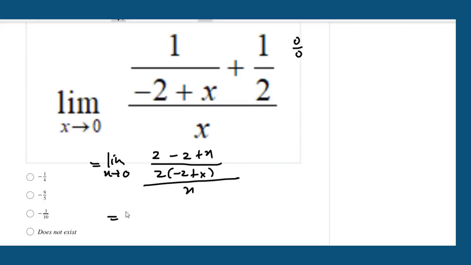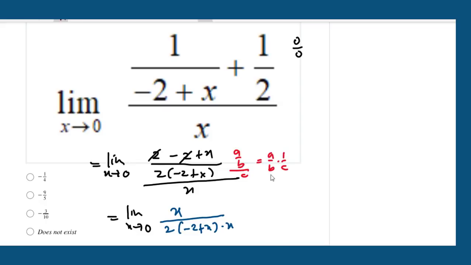Next step, limit as x approaches 0. This will cancel. The answer is x over 2(negative 2 plus x), times 1 over x. I use this concept: A over B over C is equal to A over B times 1 over C. And I can cancel this one.